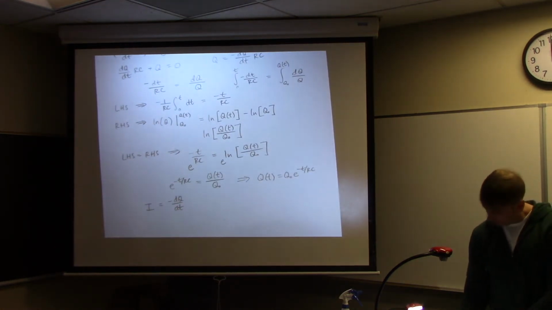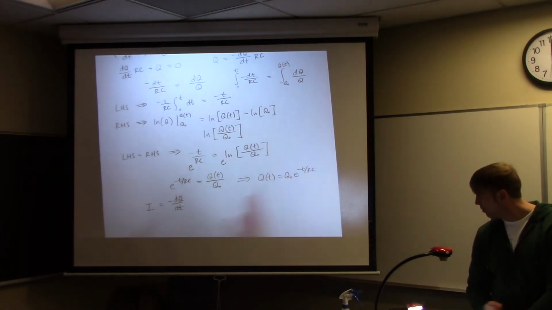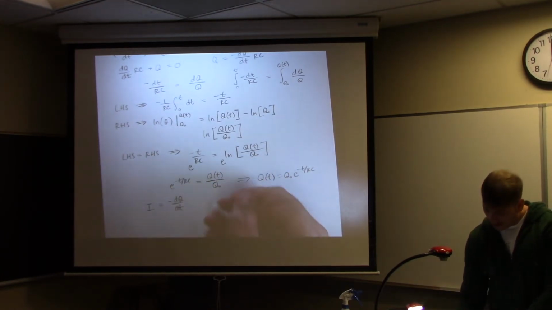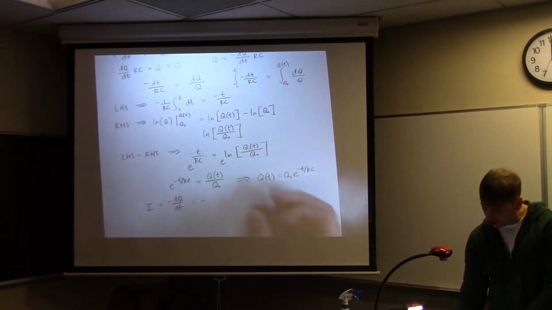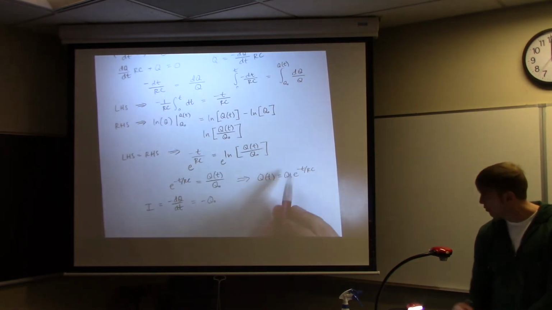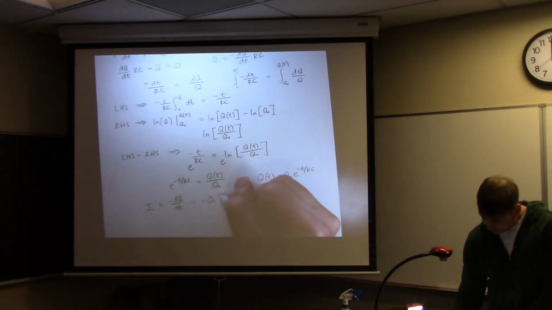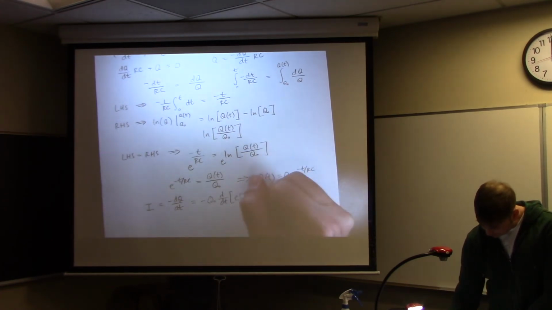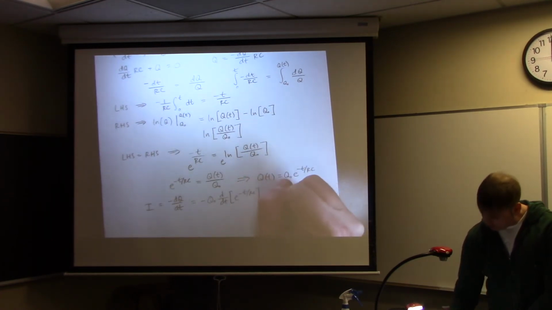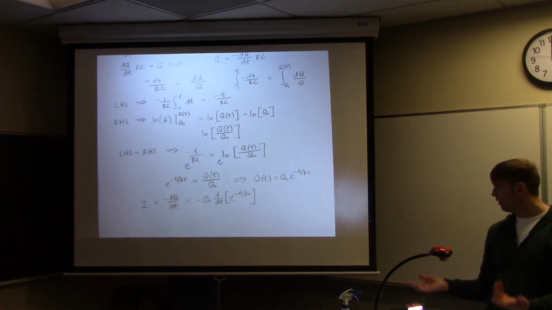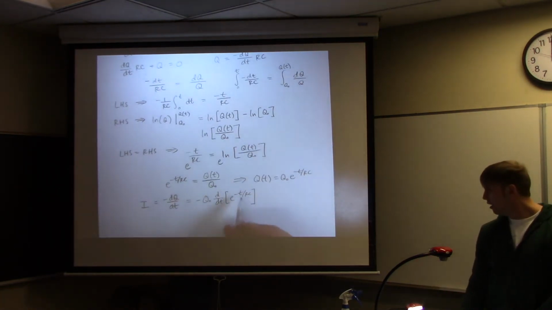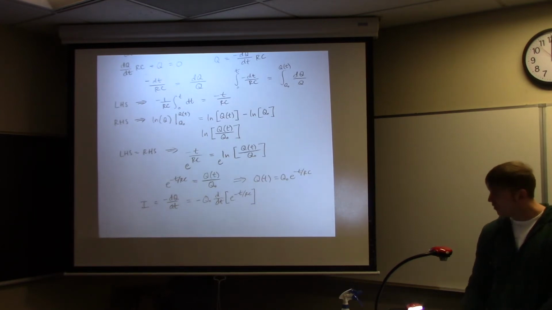And we have Q as a function of time, so we can just take the derivative of that. I have a negative sign out front. I have a Q naught constant factor. Might as well pull that out. And then I have d/dt of e to the minus t over RC. So it's the derivative of an exponential, but we also have to use the chain rule because I don't just have t in the exponent.